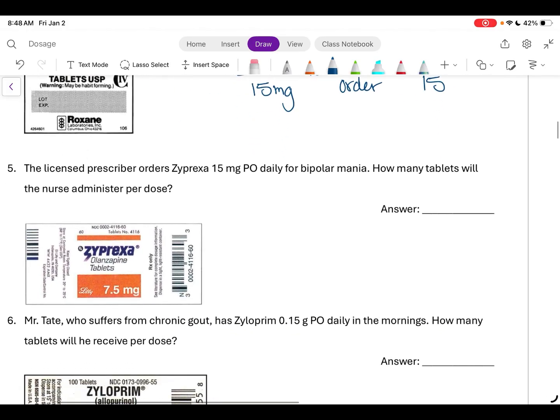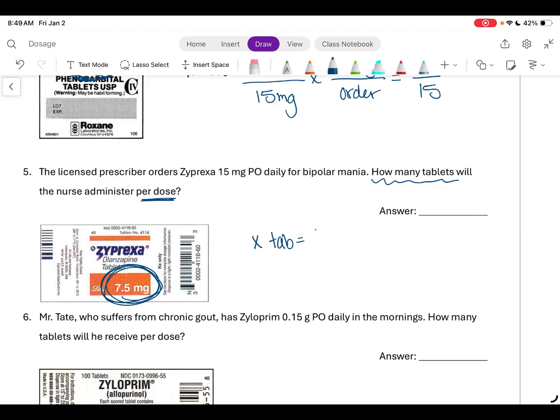All right, let's keep going. Licensed prescriber orders Zyprexa 15 milligrams. How many tablets will the nurse administer per dose? Again, there's that per dose. So how many tablets? X tab. Our label is telling us that one tablet is 7.5.